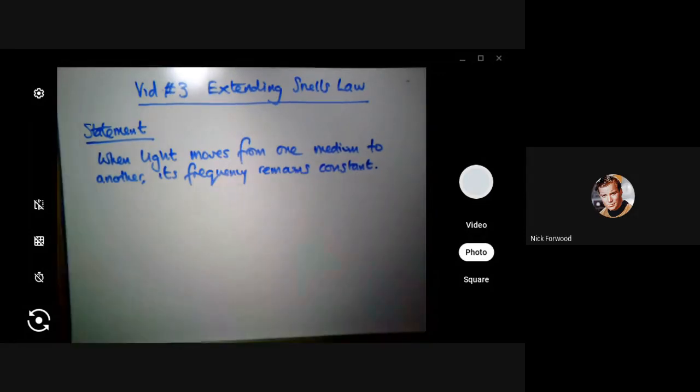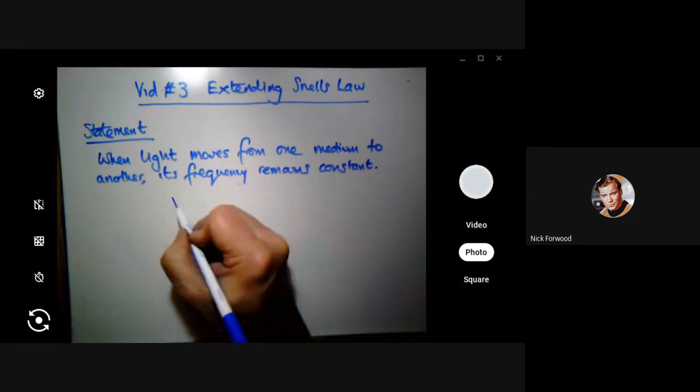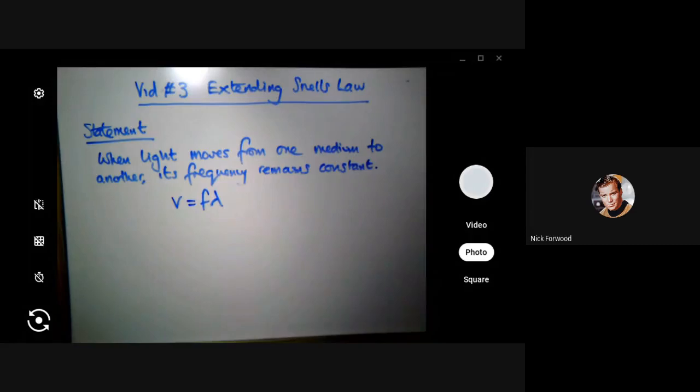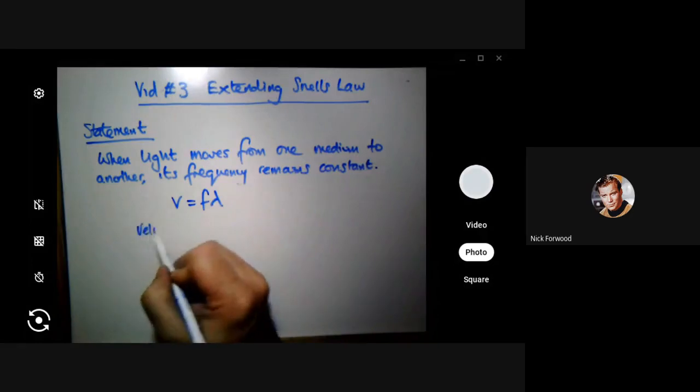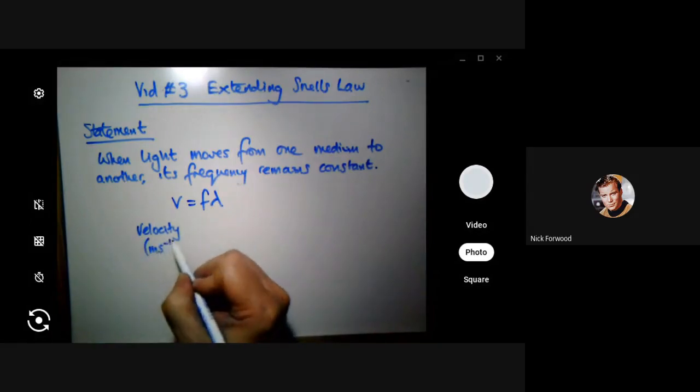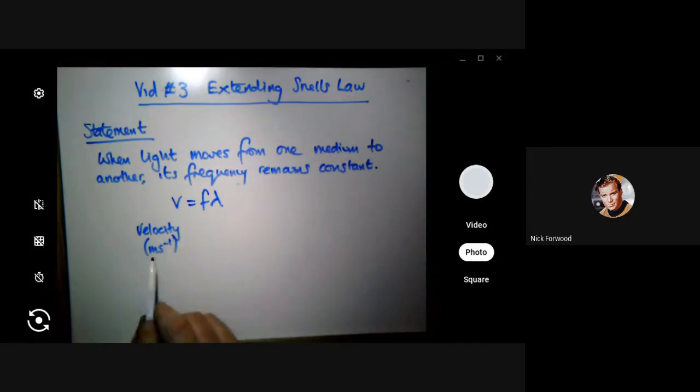So if we go back to a very well-known formula, v equals f lambda, we know what's going on here because we've got velocity over here. Velocities are measured in meters per second. You'll see ms to the -1 in all the test papers and exam papers, though I still use meters per second.